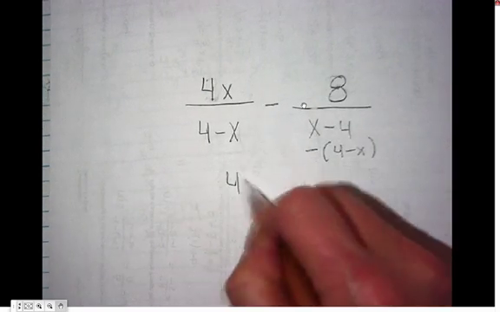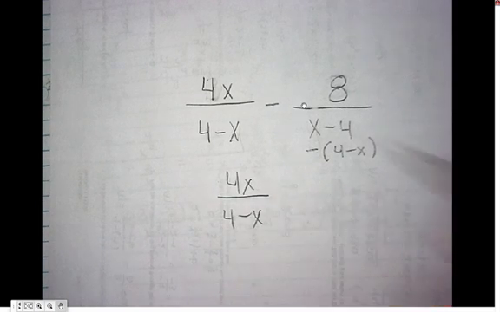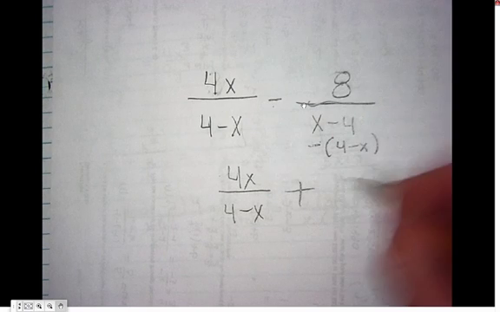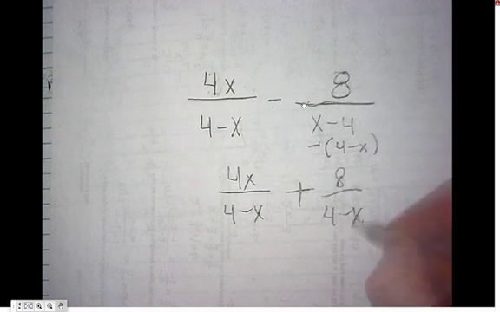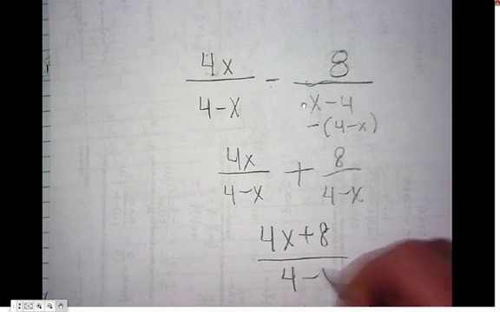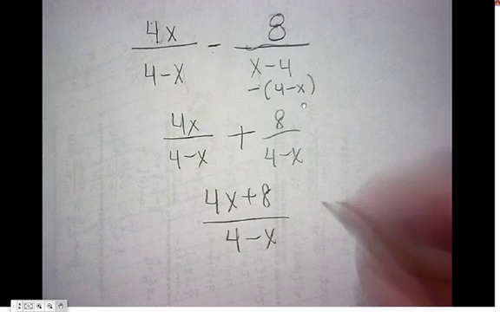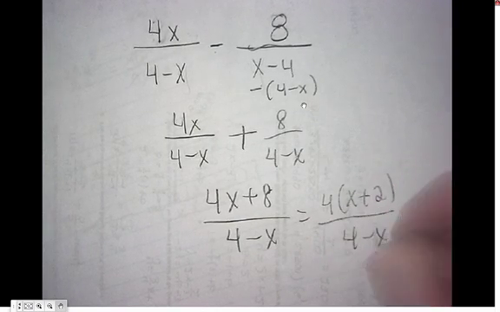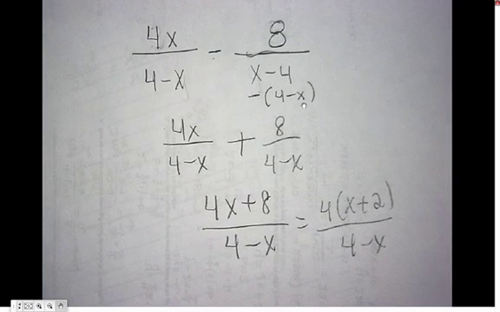Then the first fraction stays the same. A minus and a minus become positive. So then this is going to be 8 over 4 minus x. And then we'll get 4x plus 8 over 4 minus x. And then we can factor to see if anything will simplify. This one, nothing simplified, but the factored form is the simplest way to write it.